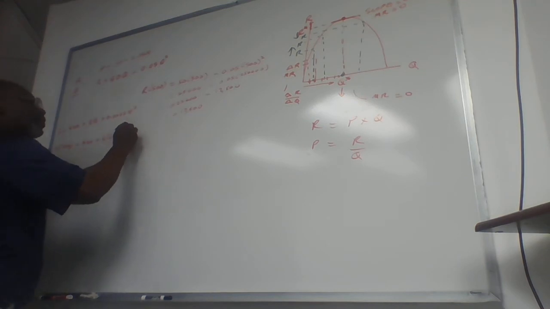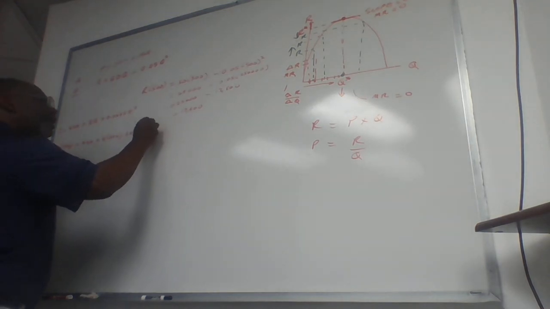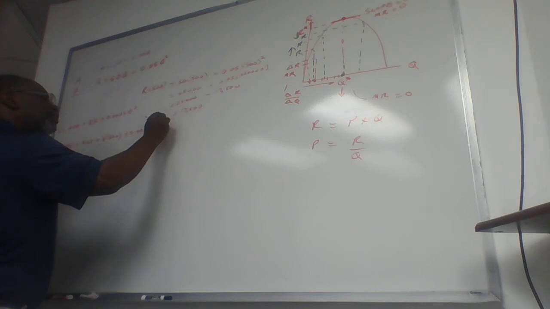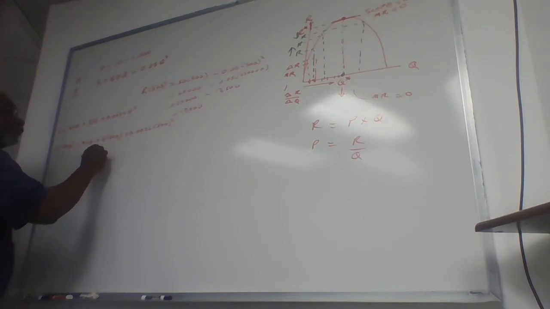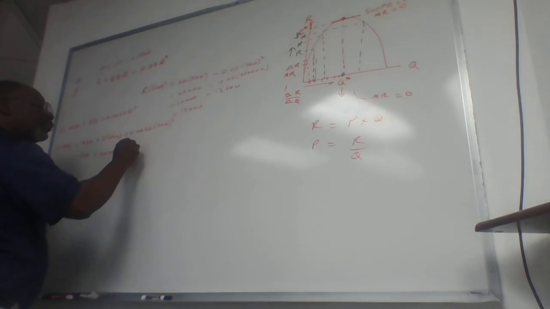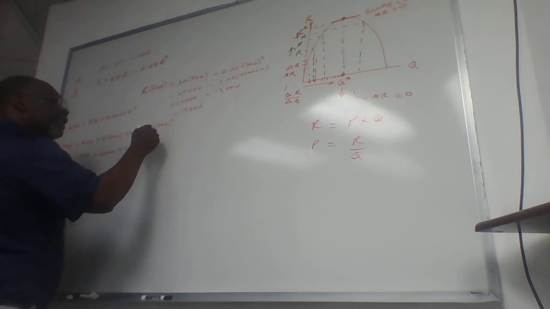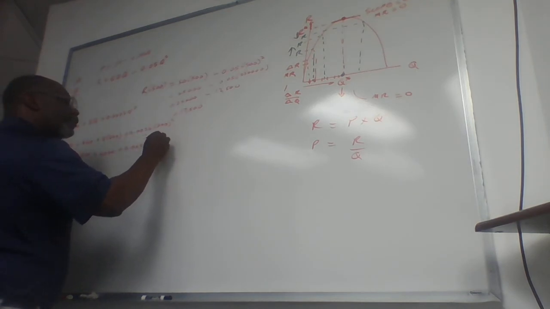0.0025 times 500 squared, which is 640 plus 8 fives is 40, 4,000, plus 0.0025, 5 fives is 25 and 4 zeros.